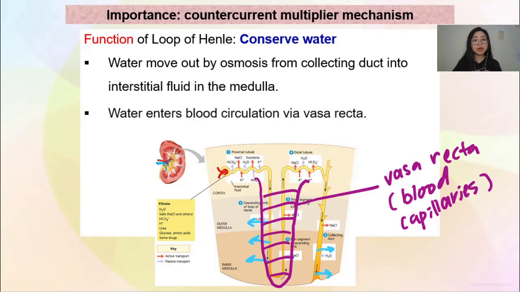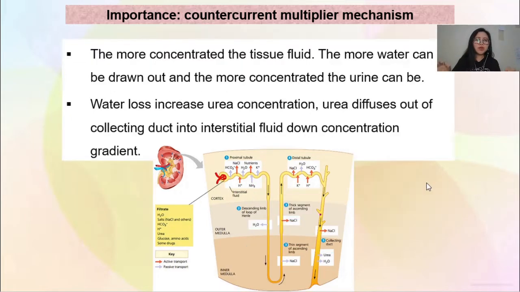So ingat ada blood capillary yang berdekatan dengan loop of Henle dan sekeliling tisu-tisu tu. So air yang keluar melalui osmosis, dia masuk ke dalam interstitial fluid, lepas tu dia akan diserap melalui vasa recta. So the more concentrated the tissue fluid, the more water can be drawn out and the more concentrated the urine can be.